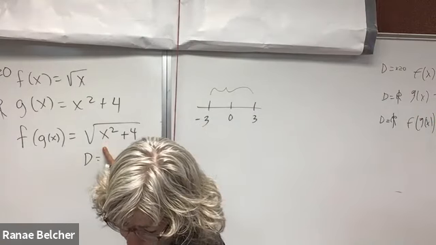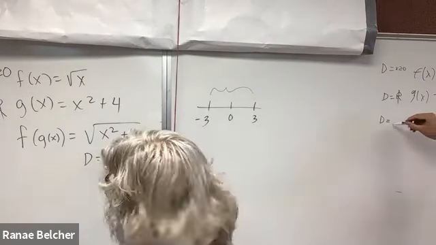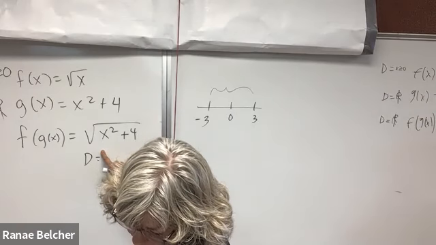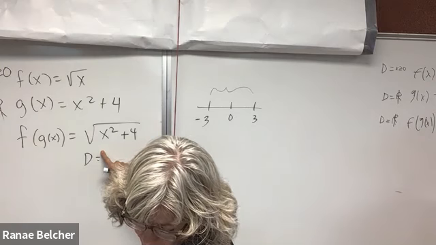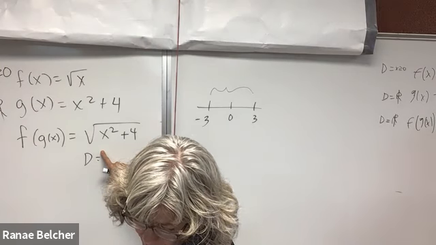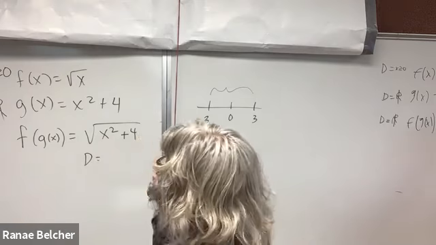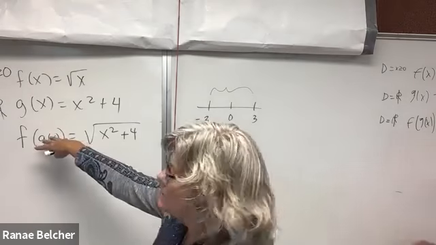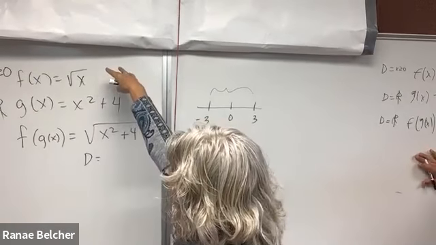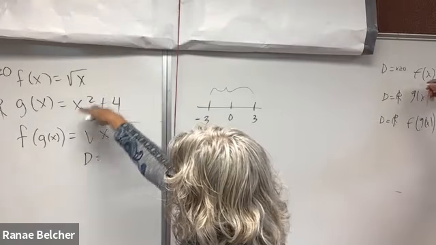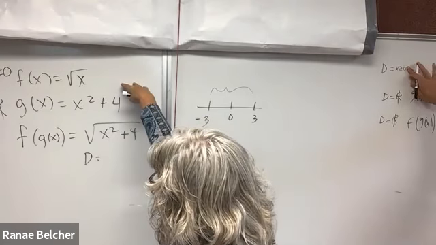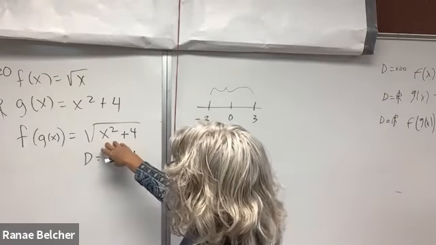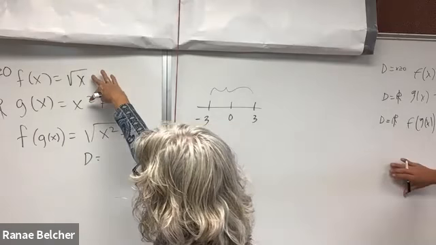Let's see what they said about this. Yeah, however, listen up, guys. If you're composing these, you can't just look at this and say, oh, that looks like it's all real numbers, because you're using this in there.